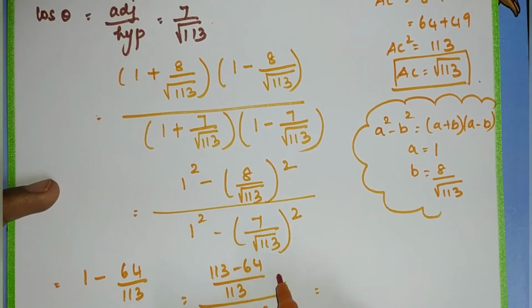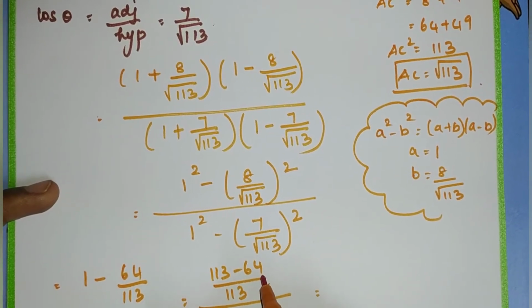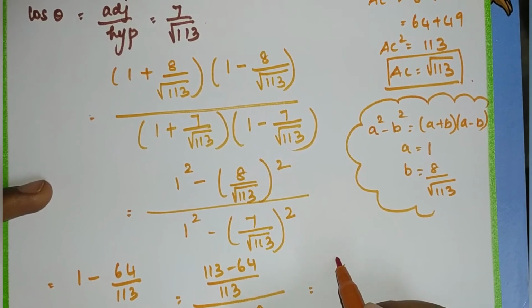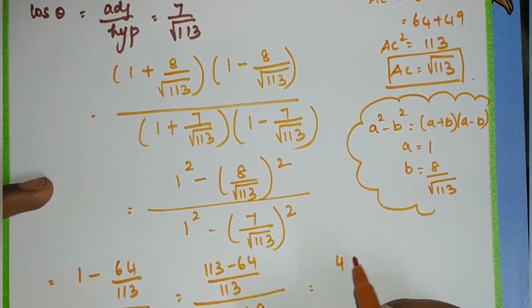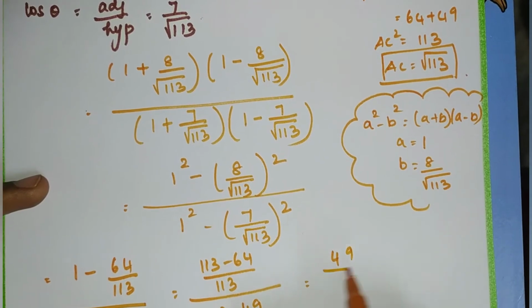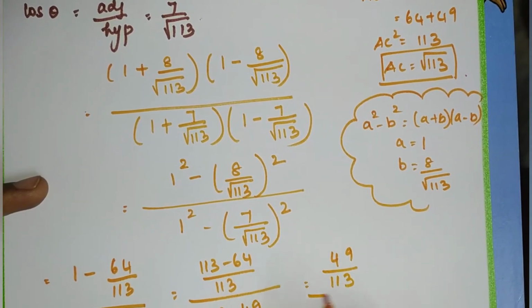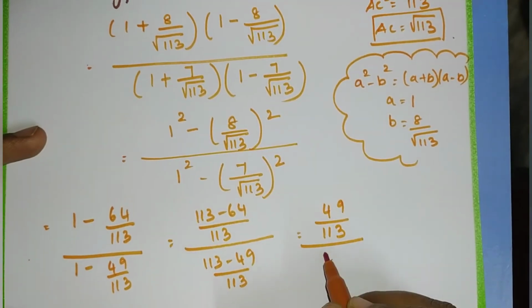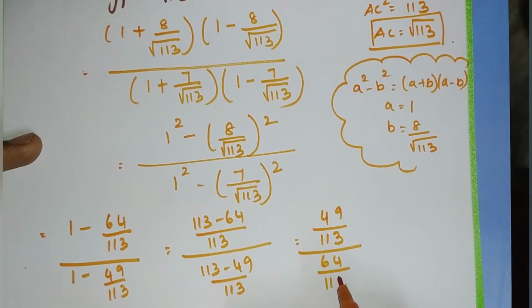So if we subtract, what will we get? 113 minus 64 is 49 divided by 113, and 113 minus 49 gives 64 divided by 113.